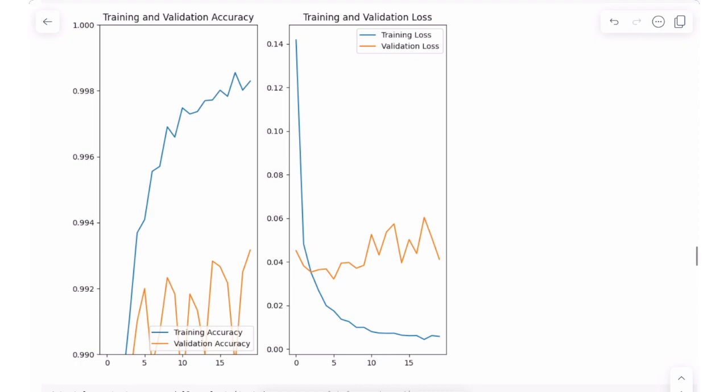As you can see, maybe after 10 epochs the training loss becomes stable and the validation loss becomes stable as well. So even if we have 20 epochs, you don't actually have to spend that much time. You can stop at the 10th epoch, right?